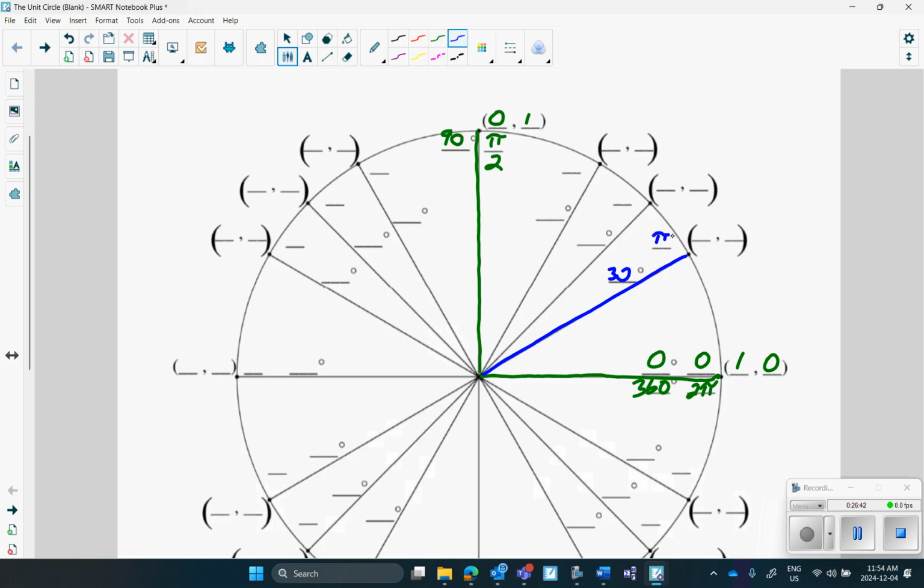Pi over 6. And what was the point on the unit circle? It was the long value over the short one. Over 2, well, it's 1/2. 1/2 is not bigger than root 3 over 2. Root 3 over 2 is always bigger than 1/2. So it's the longer one than the shorter one.